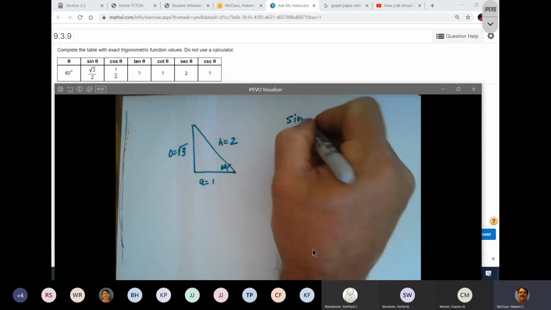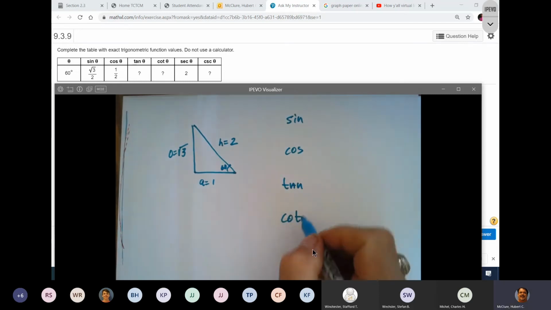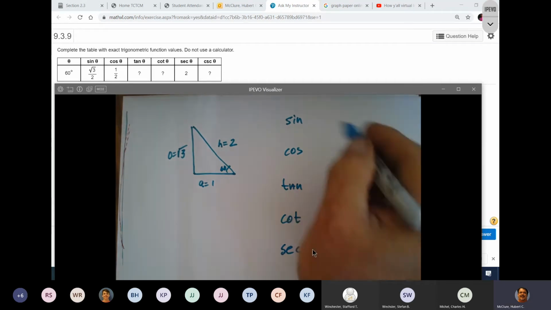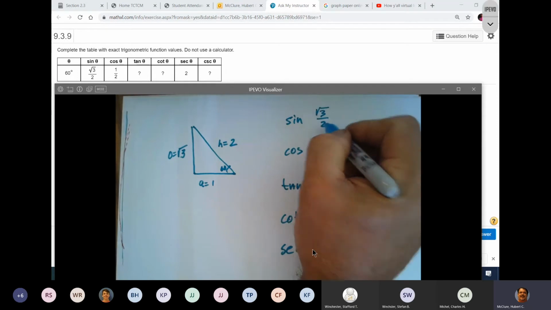Sine, cosine, tan, cotan, secant, cosecant. Sine, Oscar had, square root of 3/2.